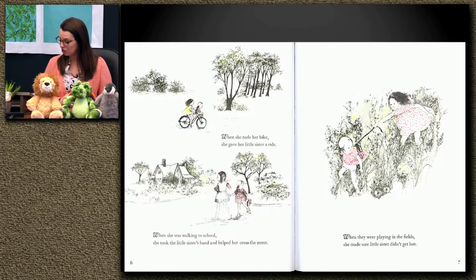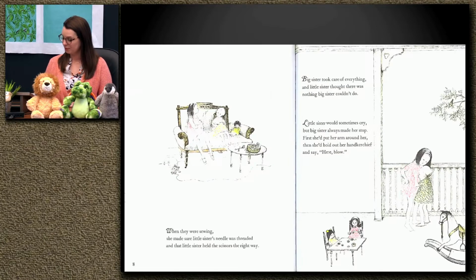When she was walking to school, she took her little sister's hand and helped her cross the street. When they were playing in the fields, she made sure little sister didn't get lost. When they were sewing, she made sure little sister's needle was threaded and that little sister held the scissors the right way. Big sister took care of everything, and little sister thought there was nothing big sister couldn't do.